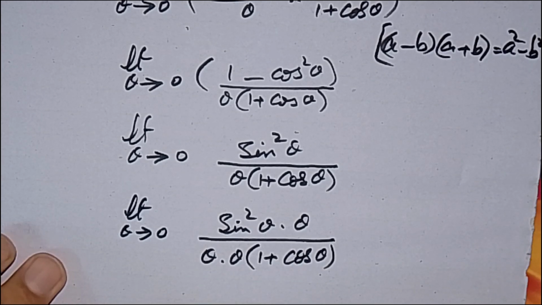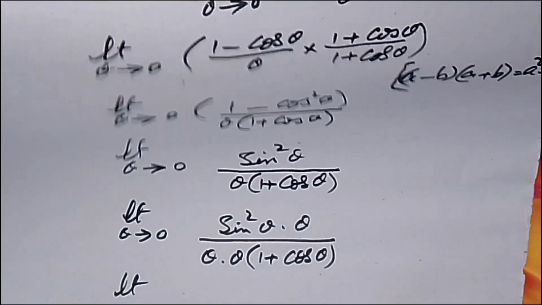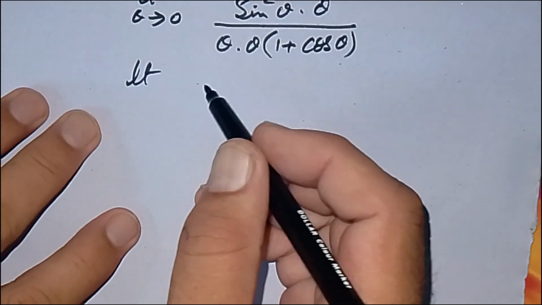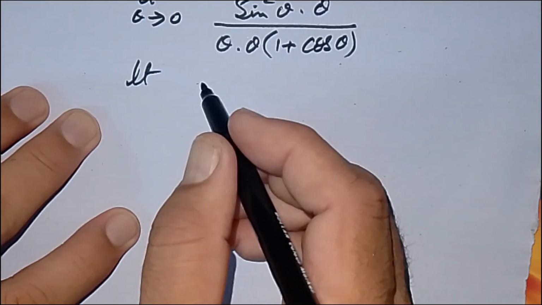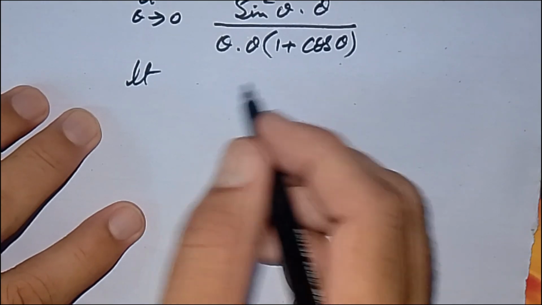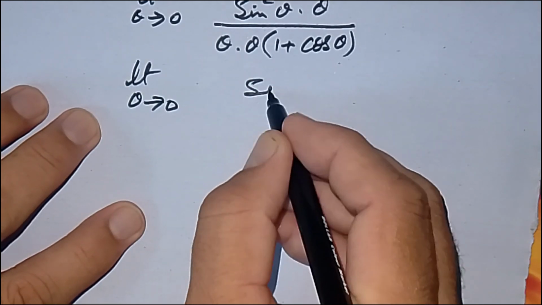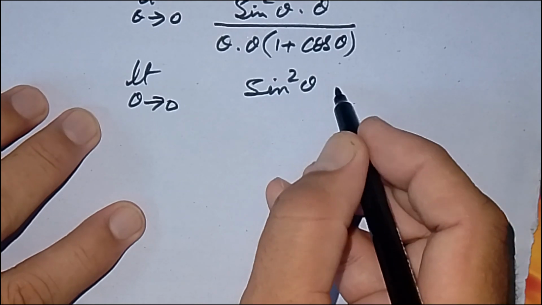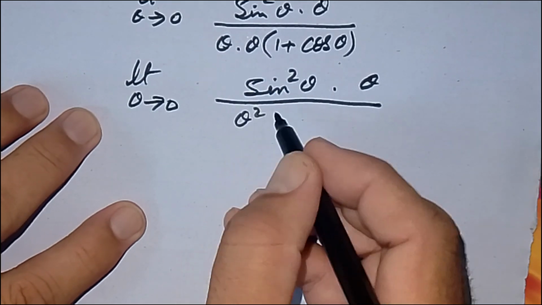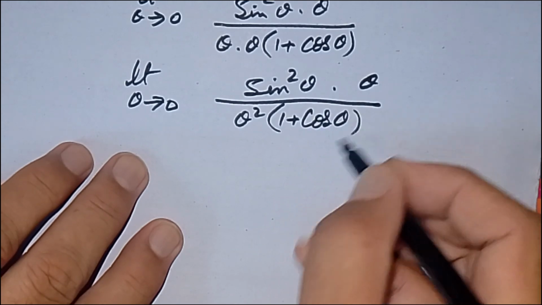Now limit as theta tends to 0 of sine square theta over theta into theta, that is theta square, into (1 plus cos theta).